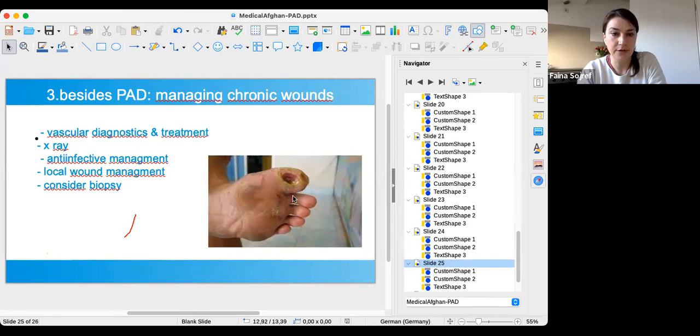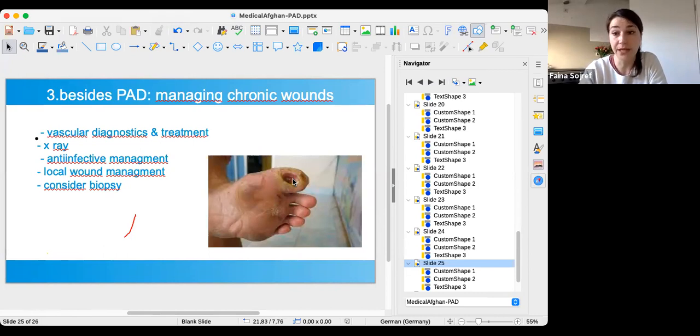So X-ray, please. And you should do a little microbiological swab, a test for the bacteria present. Any open wound will have bacteria. Do you need to treat it with antibiotics?